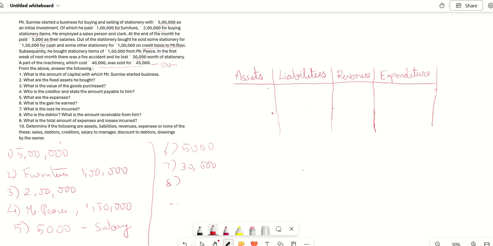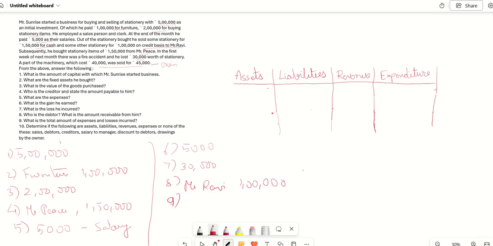Then comes 8. Who is the debtor here? Debtor here is someone to whom you make credit sales. Okay, Mr. Ravi, and the sales amount is 1 lakh. So Mr. Ravi is the debtor and he has to pay rupees 1 lakh to Mr. Sunrise.